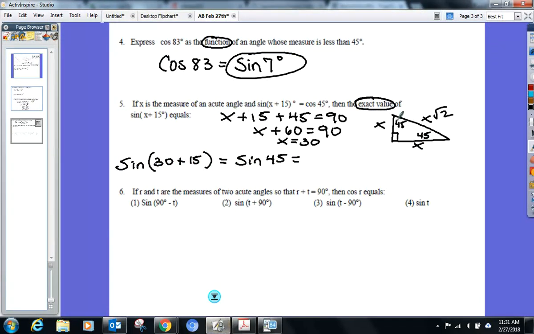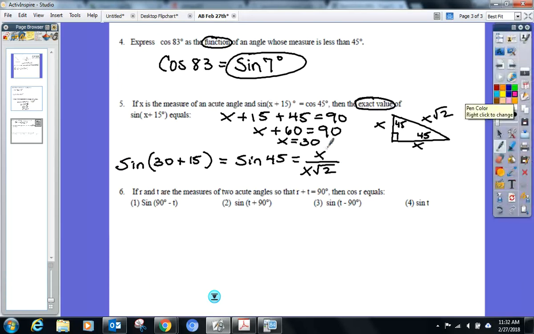Pick any 45. What's opposite? Over hypotenuse. All right, we're almost home. Can you guys reduce anything? Or should I leave it like that? What can I get rid of? You're right. X. Yep, go ahead, cross out the x's.